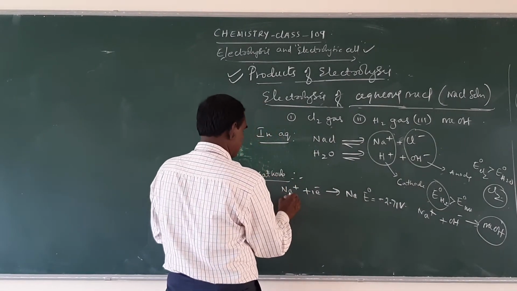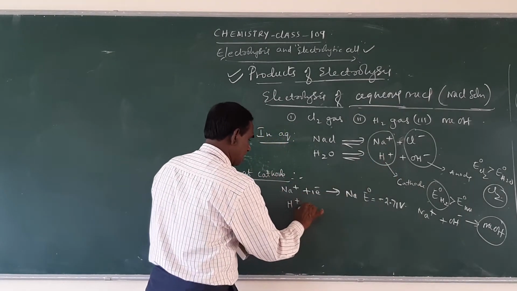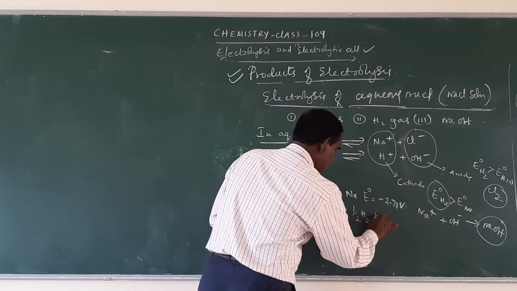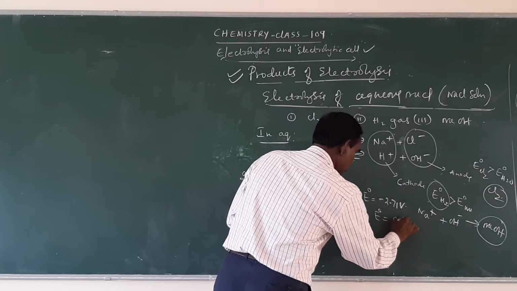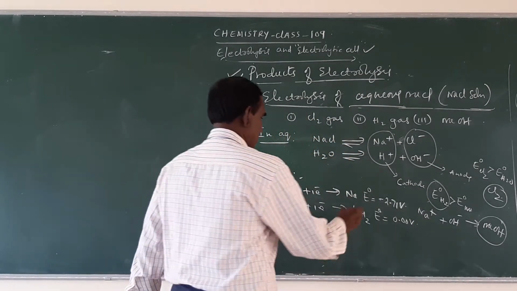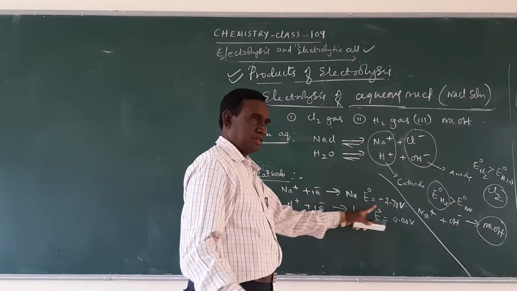At the same time, H+ plus 1 electron gives half H2, with E naught equal to 0.00 volt. That is the potential development during this reaction.